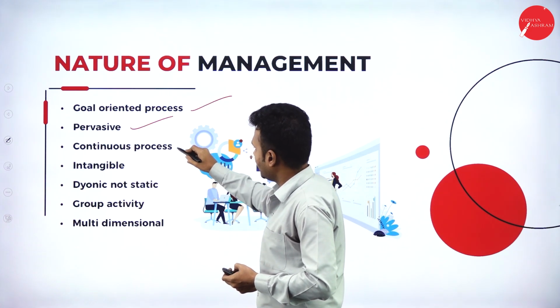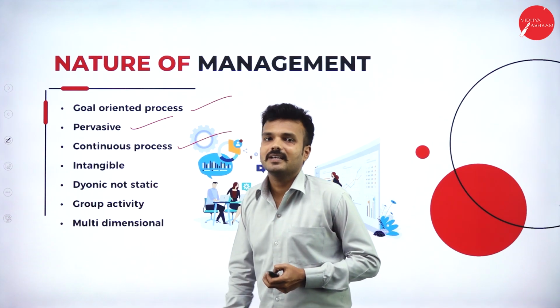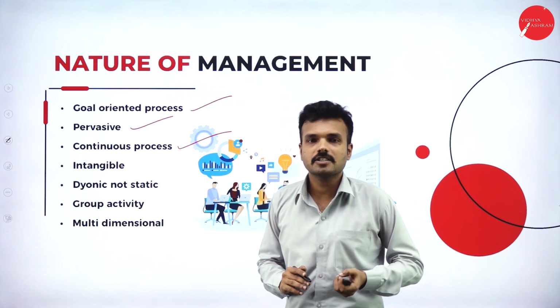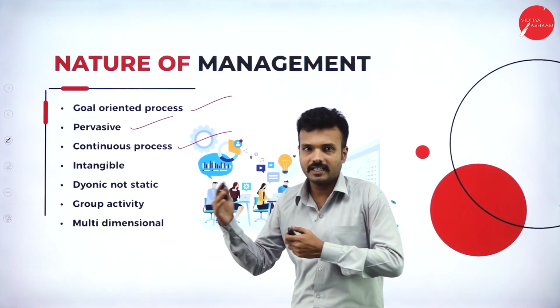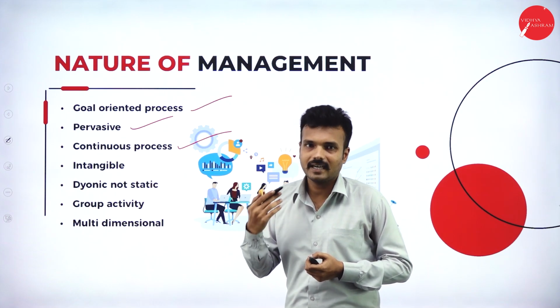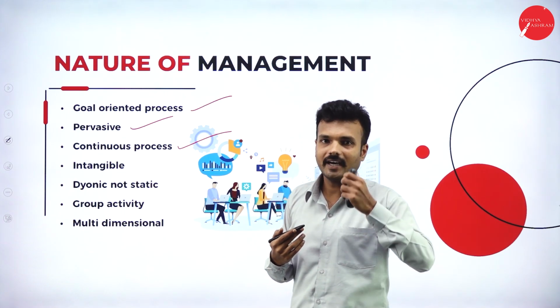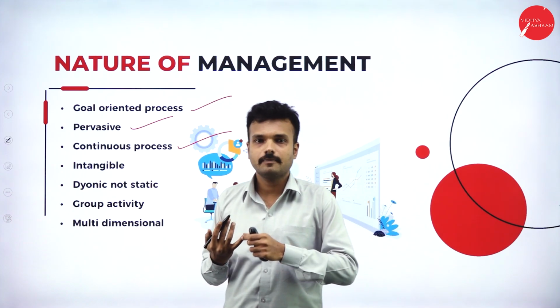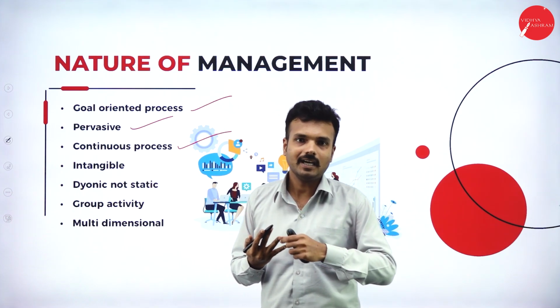Management is a continuous process. There is a continuity in management. As we know, the functions of management that we are going to study further are planning, organizing, directing, staffing, and controlling. These are the 5 functions of management. How does it start? It starts with planning. After planning, organizing.